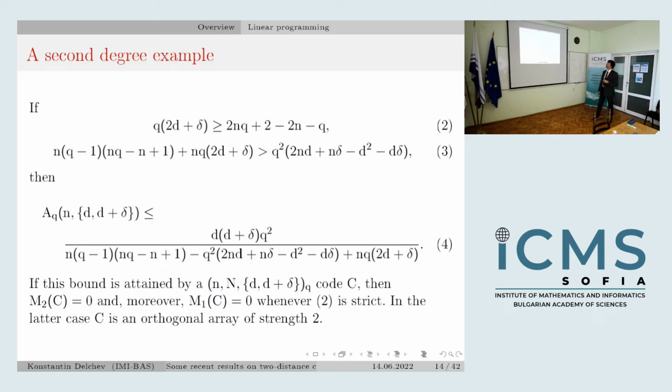Which brings to this condition, then we can have this. And furthermore, again, if this is attained, we need to have these moments. So if everything clicks, then we have orthogonal arrays of strength 2. These are, in a sense, equivalent to, in the spherical case, spherical designs. Generally nice structures.